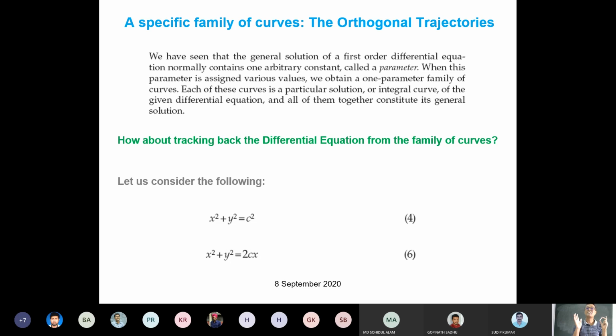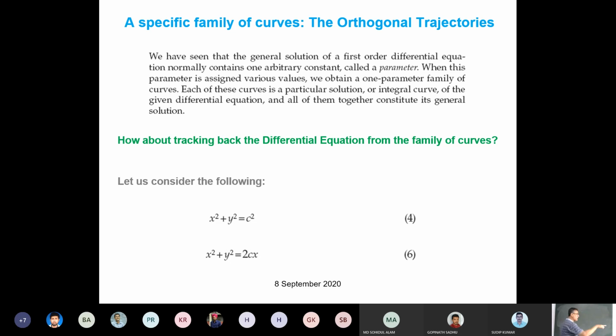That is the definition of orthogonality in such cases, and that is the definition of orthogonal trajectories. So if the first family of curves is a particular trajectory, its orthogonal trajectory will be depicted by the second family of curves if, at their points of intersection, the respective tangents are perpendicular to each other. That's it.